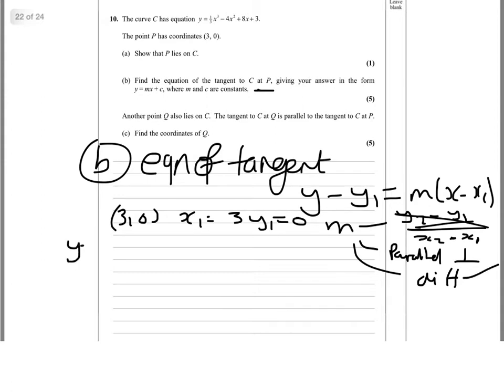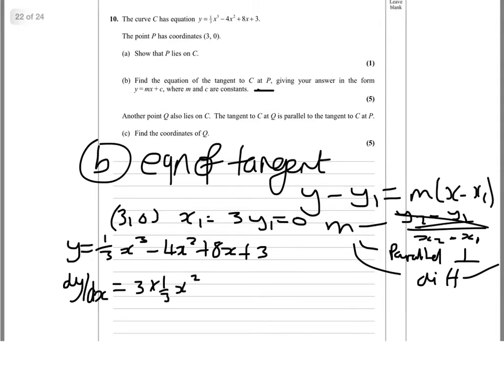So we take our y equals a third x cubed minus 4x squared plus 8x plus 3, and then dy by dx is going to be 3 times a third x squared, so multiply by the whole power and decrease the power, minus then 2 times the 4x plus 8, the x drops off and we don't have anything for the 3, so it comes to x squared minus 8x plus 8.